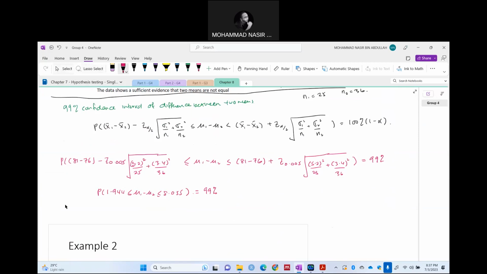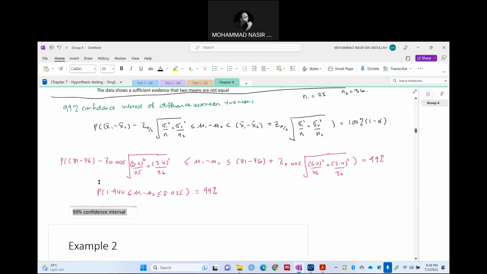So how to interpret this confidence interval? Right.